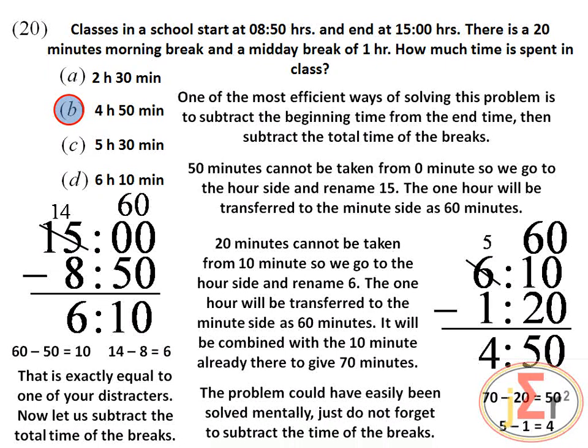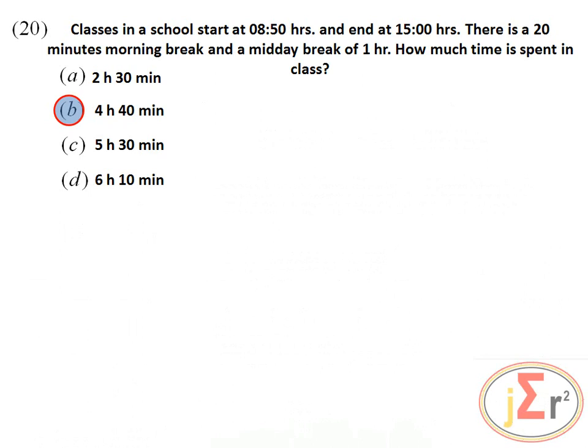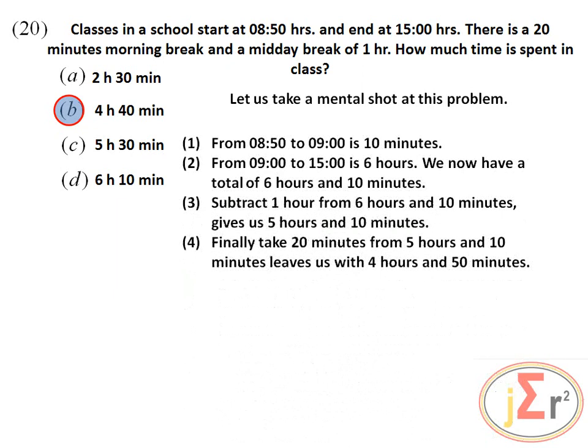The problem could have easily been solved mentally. Just do not forget to subtract the time of the breaks. So we're going to take a mental approach to the solution of the problem. Let us take a mental shot at this problem. In steps, of course, from 8:50 to 9 o'clock.